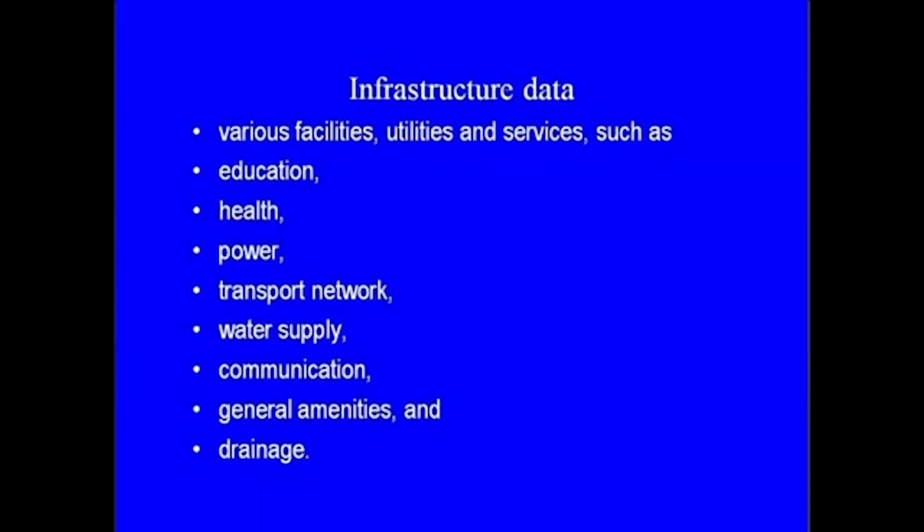Another important data set is the infrastructure data. Well, the infrastructure data may include various facilities, utilities and services such as education, health, power, transport network, water supply, communications, general amenities and drainage.